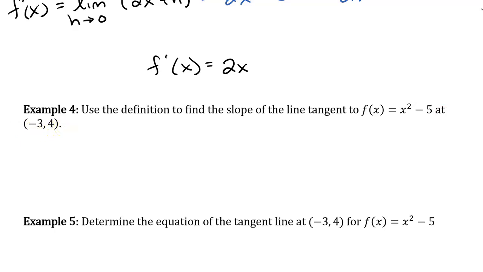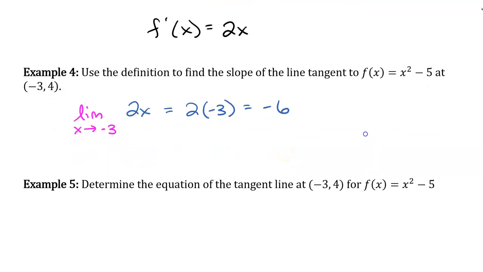Well, this would be the limit as x approaches -3 of 2x, our derivative. We learned how to do this in previous sections. So 2 times -3, so our slope, just the slope, at this point is -6. Simple substitution.